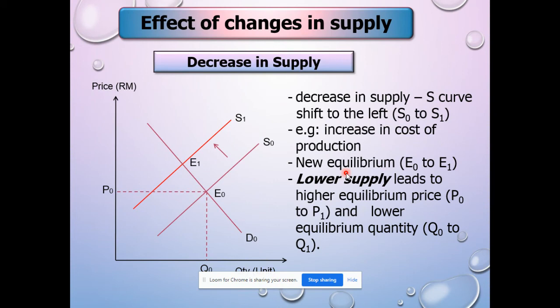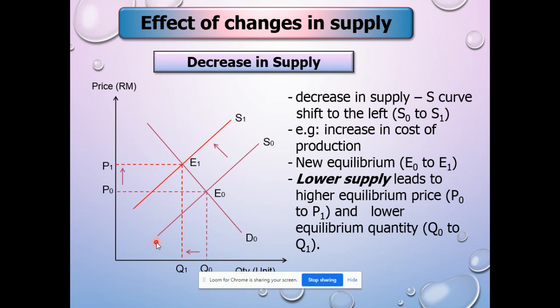So supply will decrease. So decrease in supply will lead to increase in price from P0 to P1. And how about quantity? Quantity will decrease from Q0 to Q1.